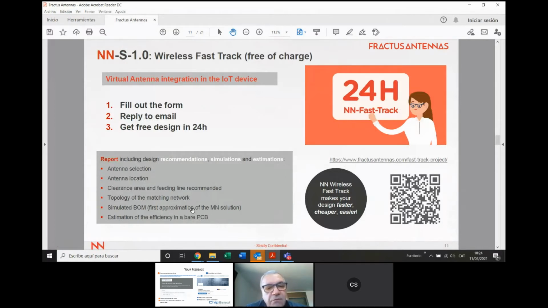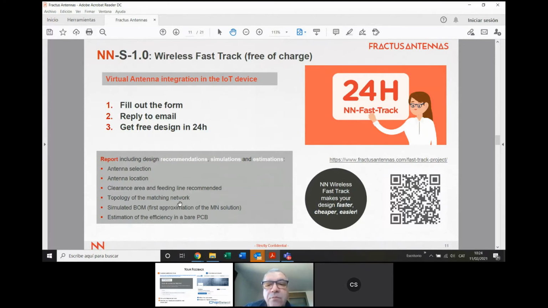In some cases, if the quantities are important, we can also make some simulations to estimate the efficiency performance of the antenna. And with that, you can make the first feasibility analysis for your project.